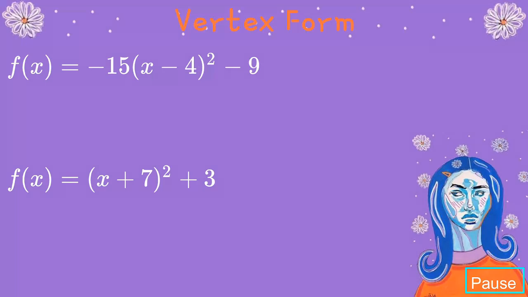All right, here our a value is negative 15, which tells me that it opens down and is stretched. The further away we get from 1, the more stretched it is. Or the further we get away from negative 1, the more stretched it is.